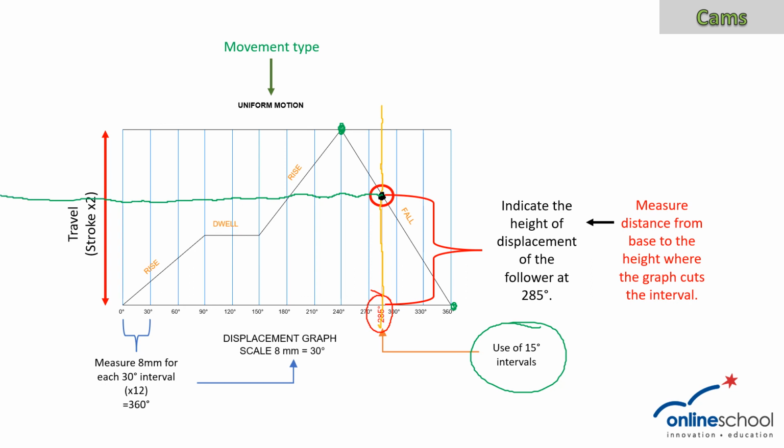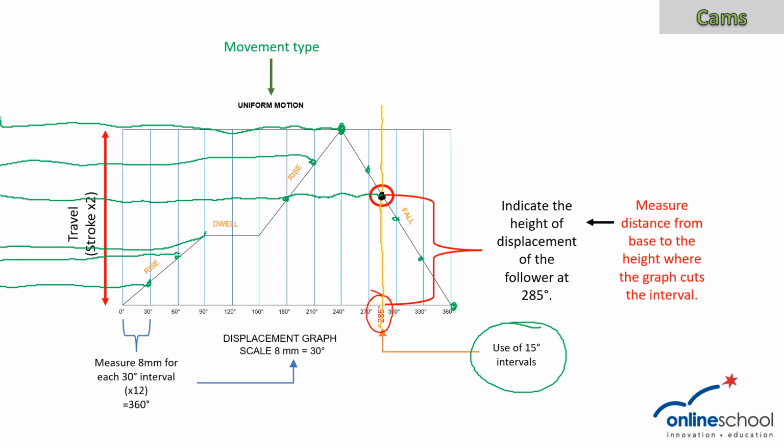Please remember that all of these heights that are projected must always go to the vertical center line of our cam profile, and that we have to then measure these off at each one of the segments where it actually cuts on our graph of displacement. So each one of these reference points must be projected to the vertical center line of our cam profiles construction.